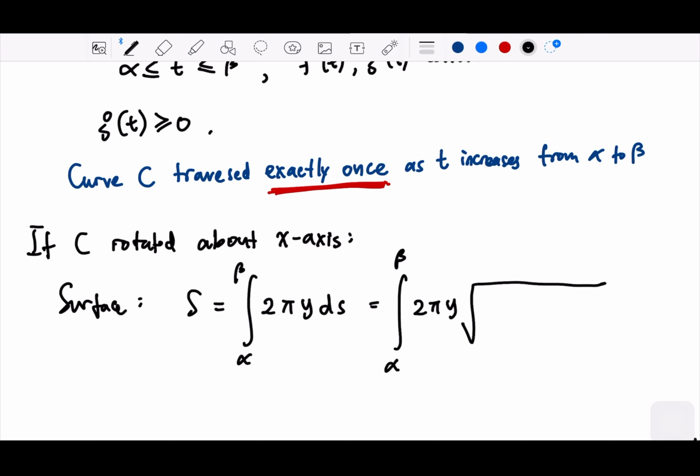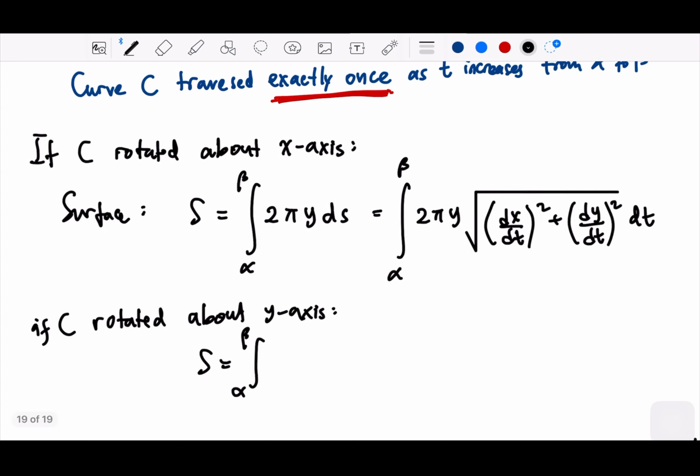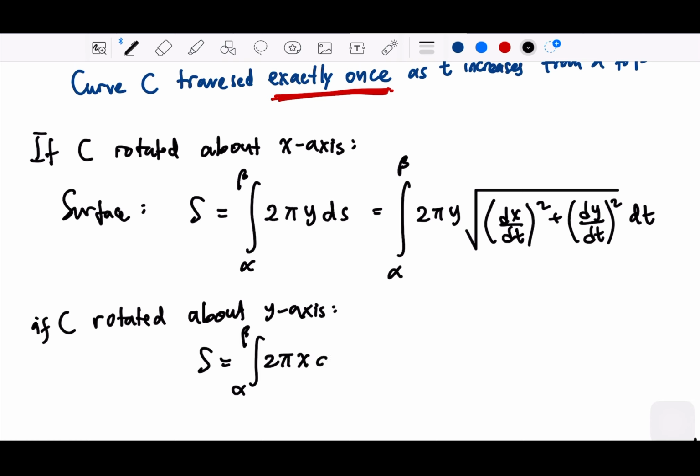This is supposed to be dt. Of course, if C is rotated about the y-axis, then S, so we just change y to x. Let me write just ds, okay? ds is the same. ds is the same.